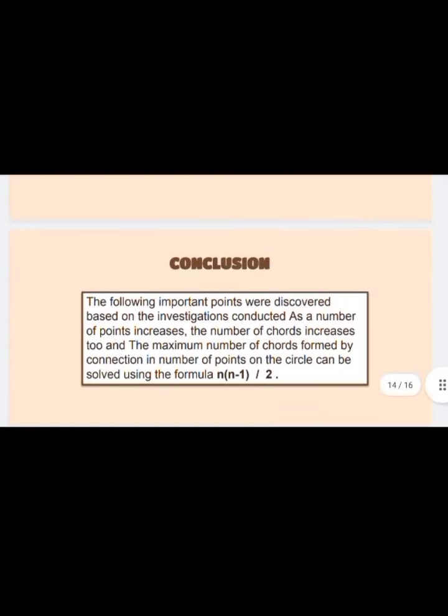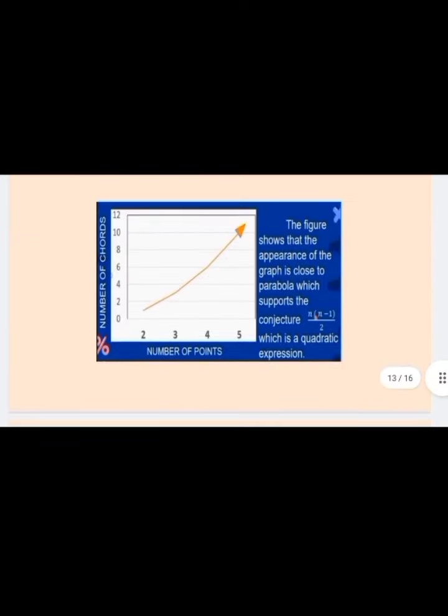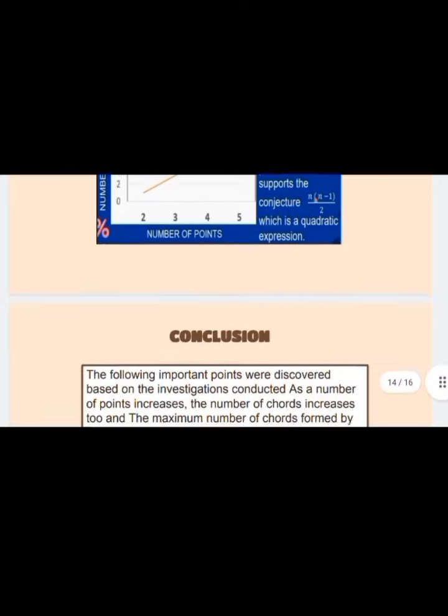Conclusion. The following important points were discovered based on the investigations conducted. As the number of points increases, the number of chords increases too. As you can see, it is proven in the graph that as the number of points increases, the number of chords also increases.